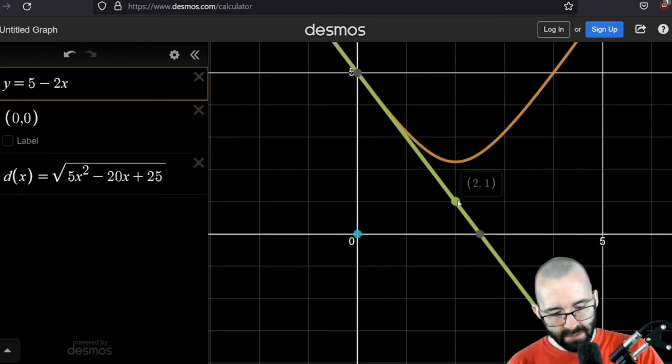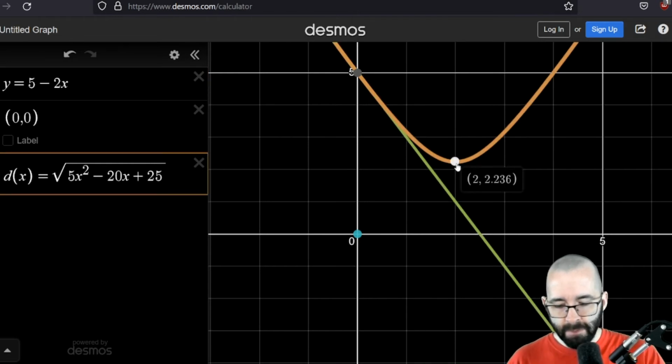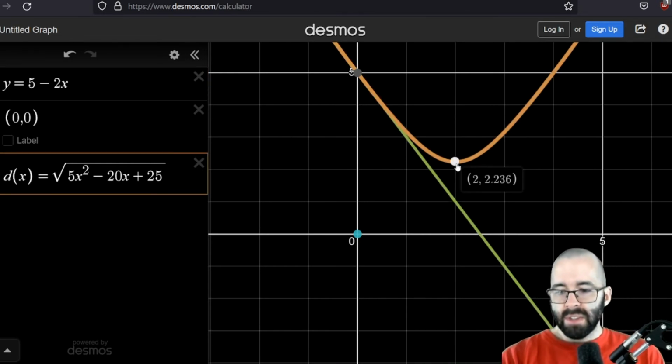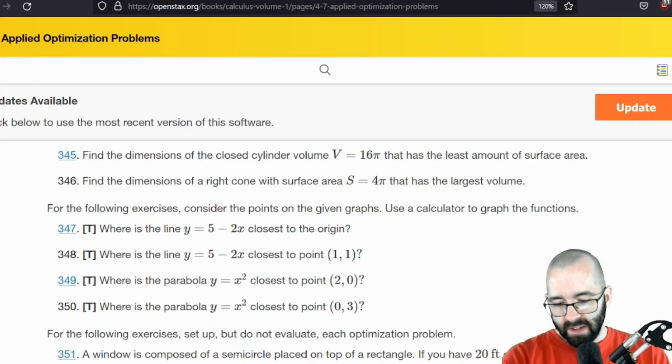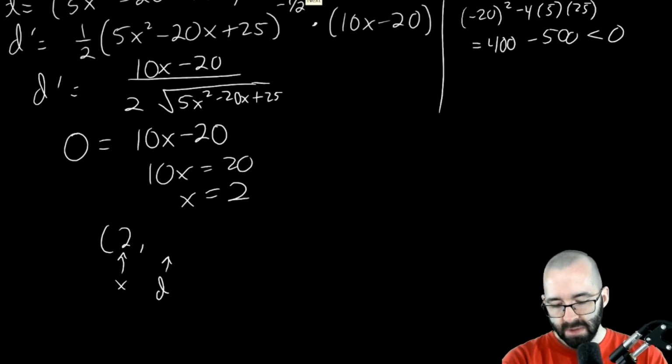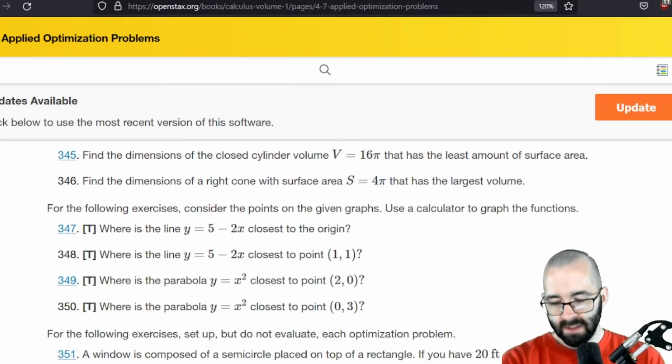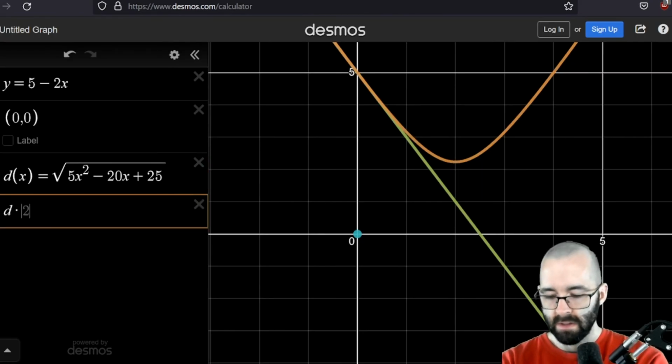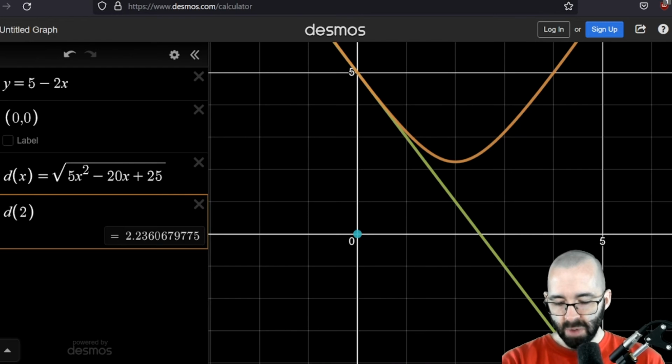Really? Okay. So what is the problem asking us to find? Oh, I know why I'm surprised about that answer, and I'll talk about that in a second. It's closest to the origin at the point x equals 2, and the distance is about 2.236.